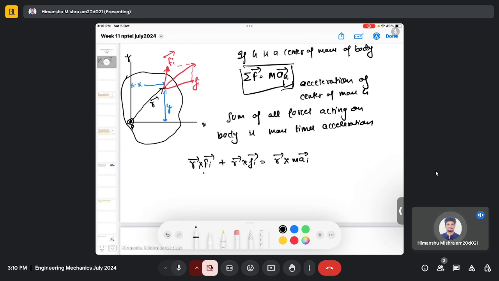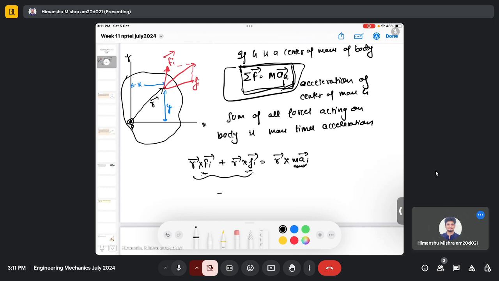Because on the left hand side there is a moment due to the forces, and on the right hand side there is a moment due to mass multiplied by acceleration, because earlier we saw that the summation of all forces equals mass times acceleration. So these forces create a moment, which I have shown on the left hand side, and the summation of these forces is equal to mass times acceleration. So mass times acceleration will also create a moment, which I have shown on the right hand side. So the left hand side is just a summation of all moments.